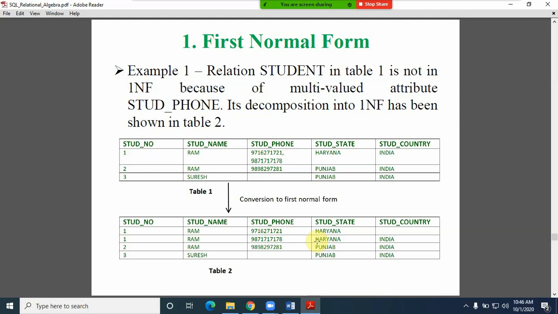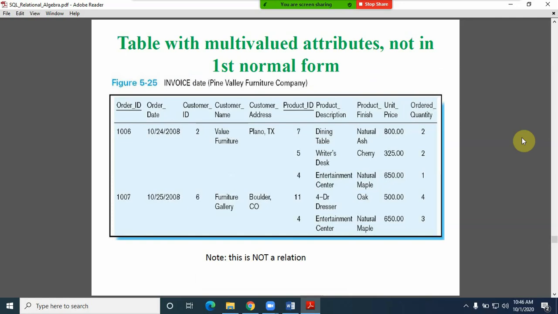So we have split that row into multiple rows by providing the first phone number in the first record, the next phone number in the second record, and the remaining information we repeat in the new table. So this particular table 2 is now in the first normal form. See how simple it is.